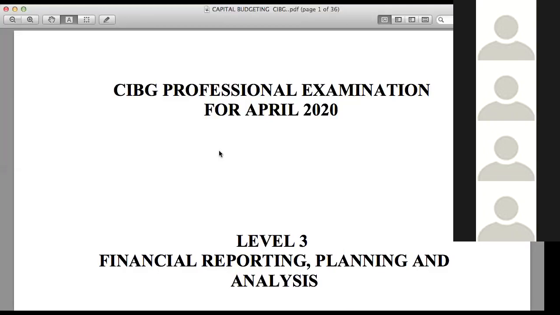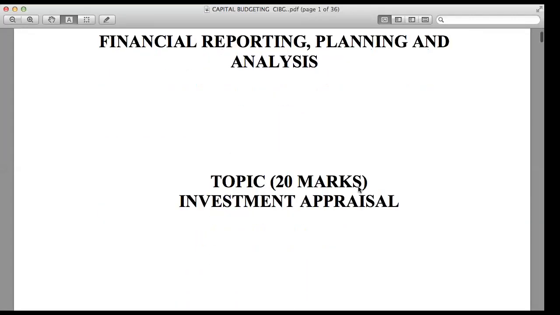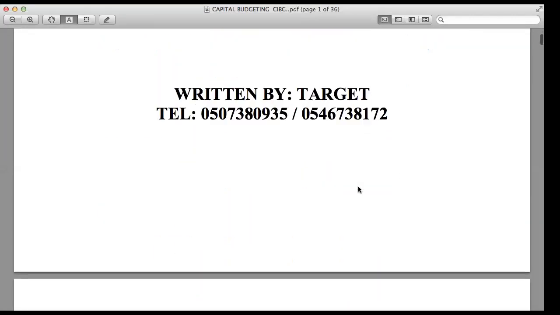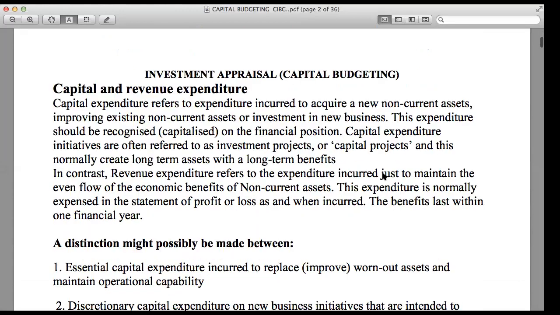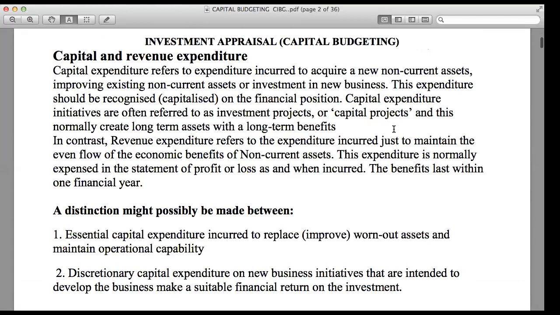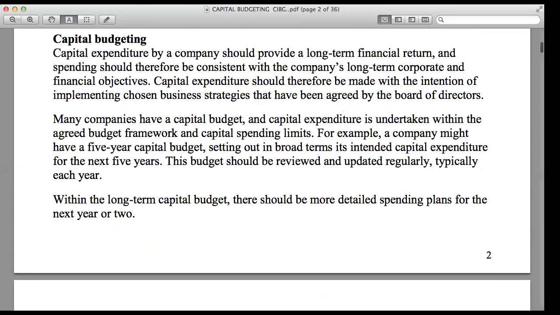If you have the hard copy of the notes, this is the very last question. So jump to the very last question of the handouts, the last ICA past question.